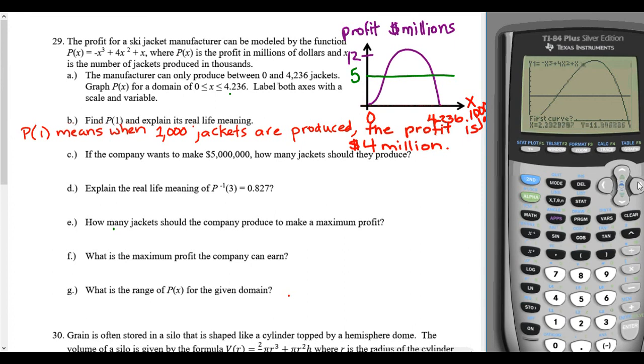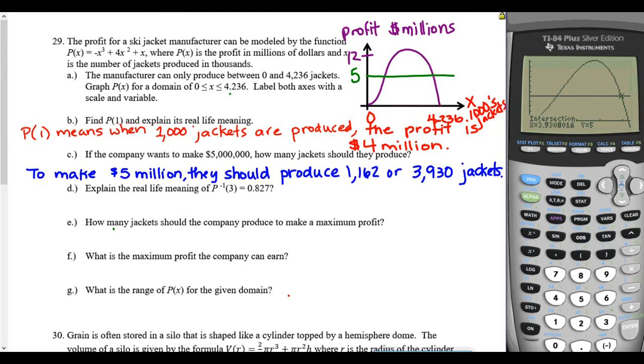Sorry, that takes a while to move over. Close to where they cross, hit enter, enter, enter. And my second answer is 3.930, or 3,930 jackets. So I just need to write that as a sentence.